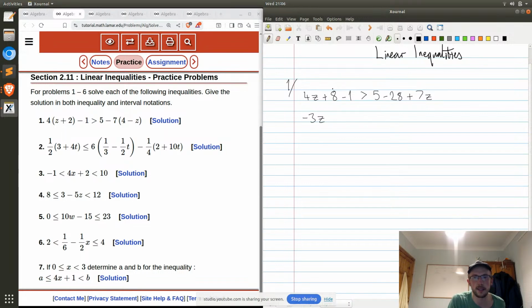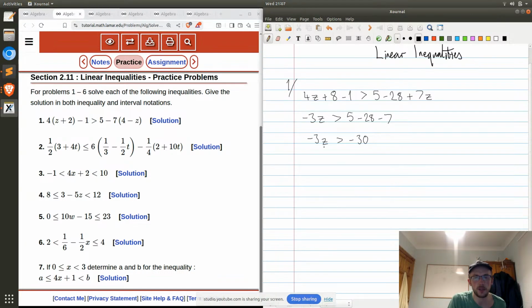That there is a plus 7, and I shall bring it to the other side to be minus 7. And then I shall compute this. So 5 minus 28 is minus 23. Minus 23 minus 7 is minus 30. So minus 3z is greater than minus 30.